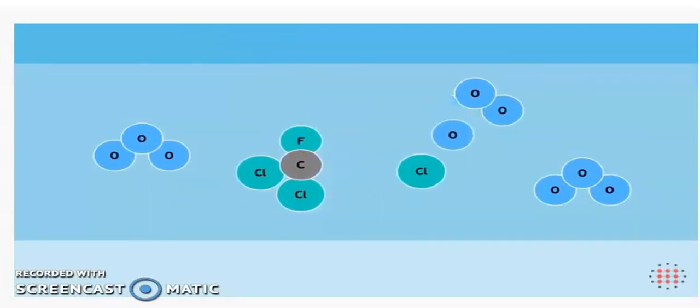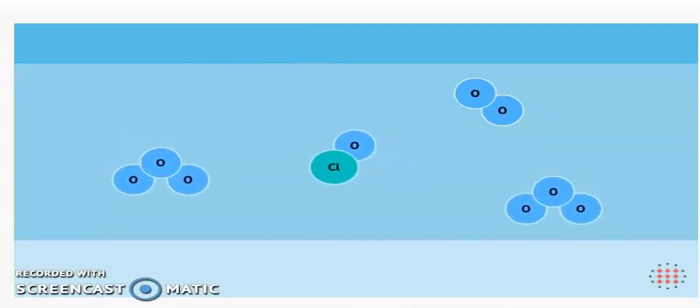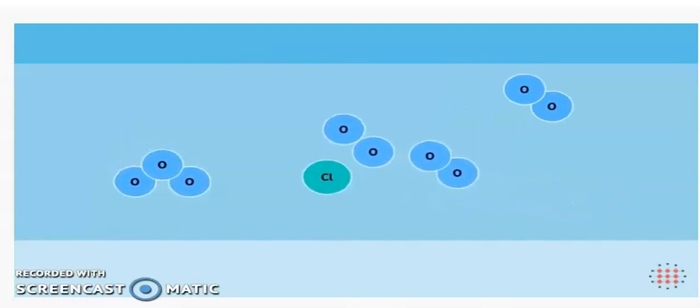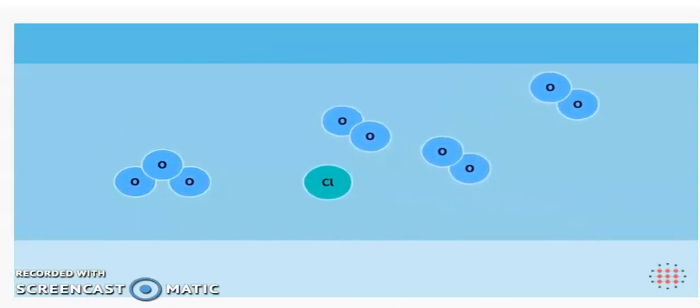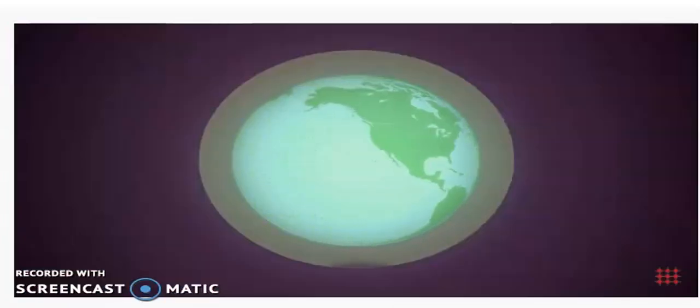As it reacts with the chlorine atom, it produces a single oxygen molecule and chlorine monoxide. Chlorine monoxide further reacts with another ozone molecule to produce another chlorine atom, which further reacts with more ozone molecules. The chlorine atom is highly reactive. This results in the thinning of the ozone layer in the atmosphere.